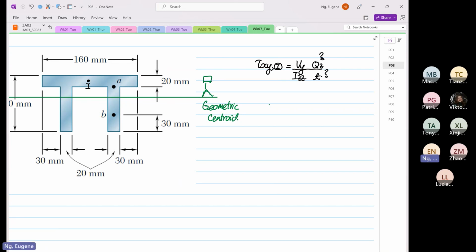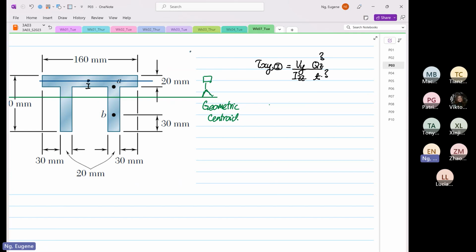So we have to find the Qz. It's pretty straightforward. The area of interest now is this. Because I is over there, this is our area of interest, where I'm drawing the blue line.